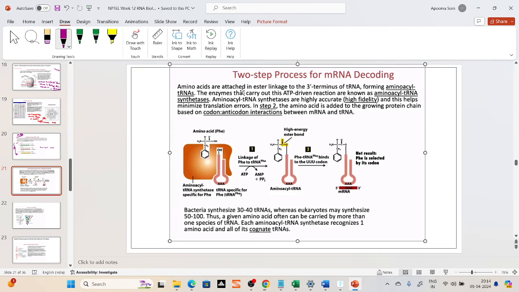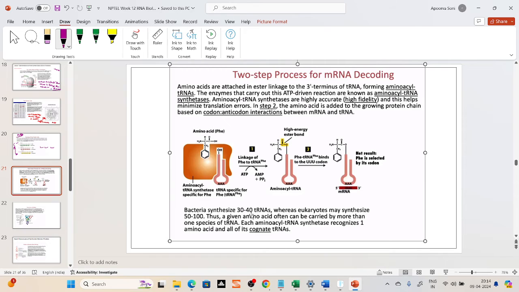Amino acids are attached in ester linkage to the 3' terminus of the tRNA, forming aminoacyl tRNA. That means whatever amino acid it has to bring has to be added. This is done with the help of the enzyme aminoacyl tRNA synthetase.